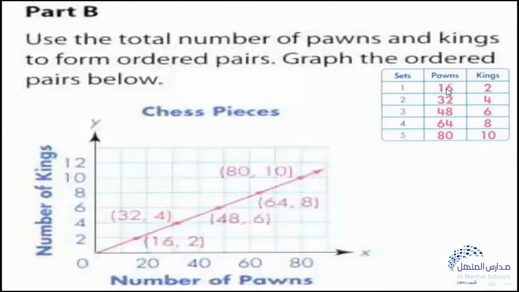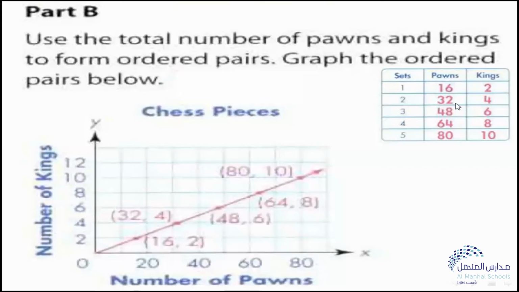Here I have 16 for pawns and 2 for kings. So 16 for pawns is the number on the x-axis. I start from the origin and move right to number 16, just before 20, and go up to number 2. The intersection point is the point we can determine by the ordered pair (16, 2). Then I have 32 and 4.